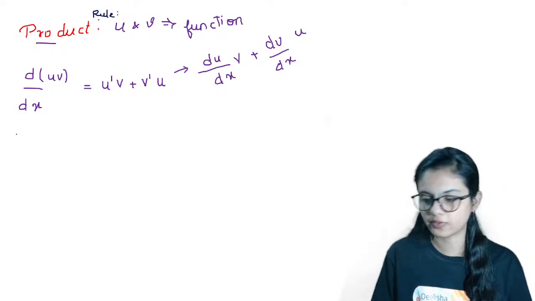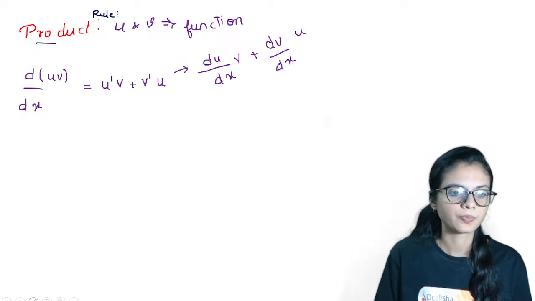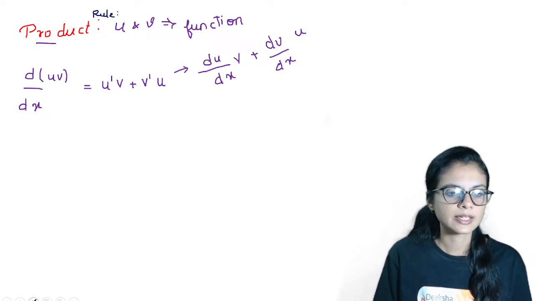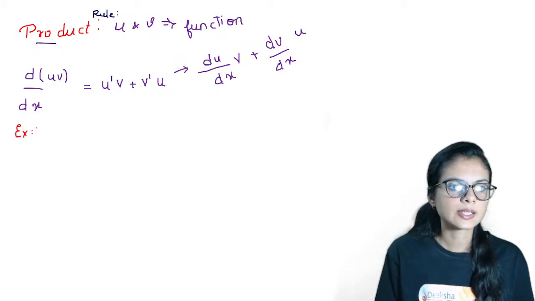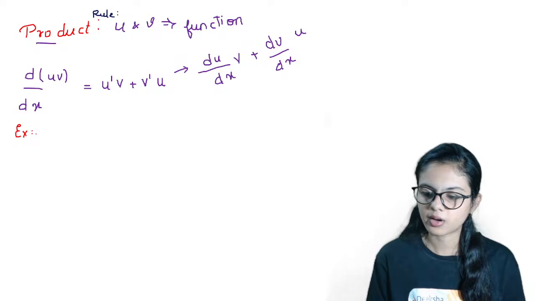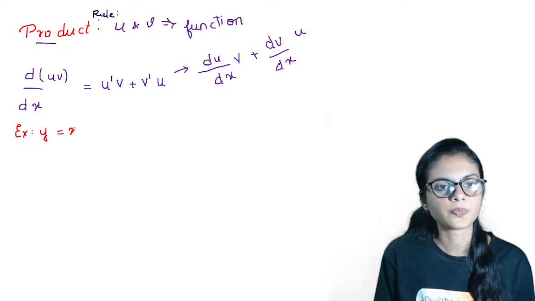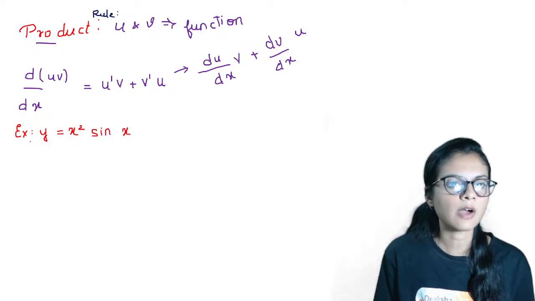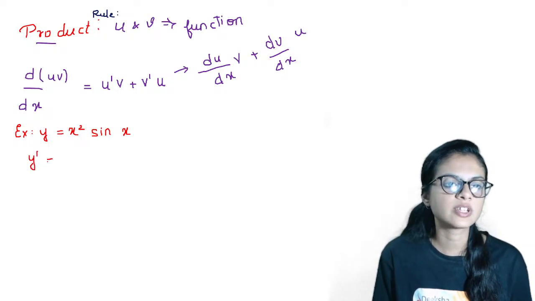Similarly, we have one for division also. Before that, let's solve an example here. Let's consider y is equal to x square sin x. So we have two functions. So y dash is nothing but the differentiation of these functions.